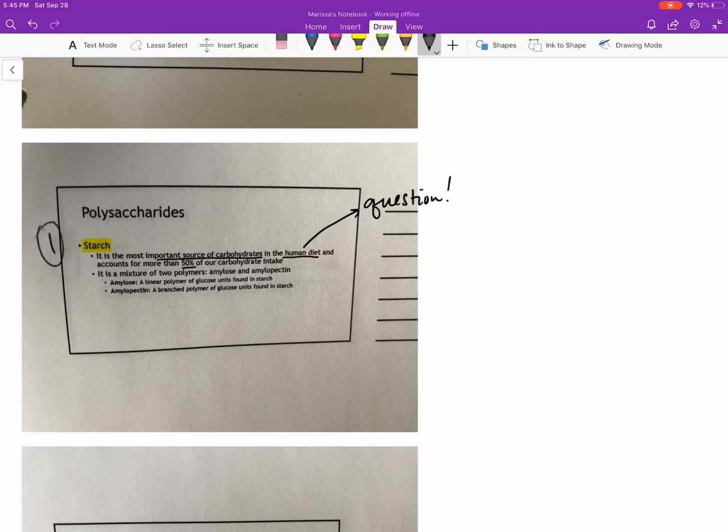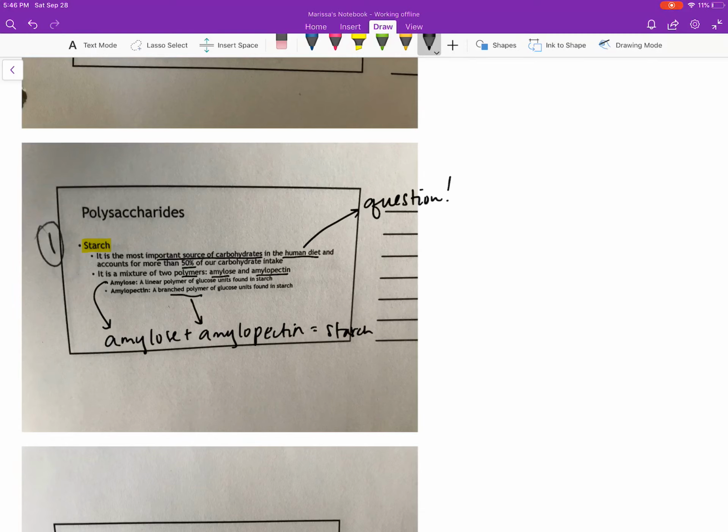It is a combination of two polymers, amylose plus amylopectin, equals starch. Amylose is a linear polymer of just glucose units, and amylopectin is a branched polymer of glucose.